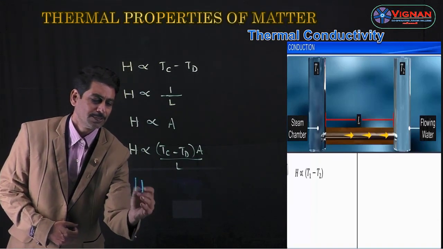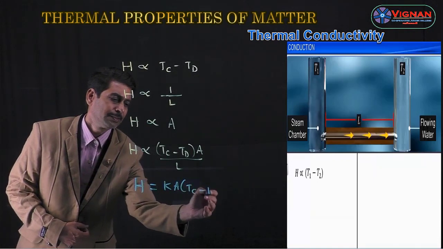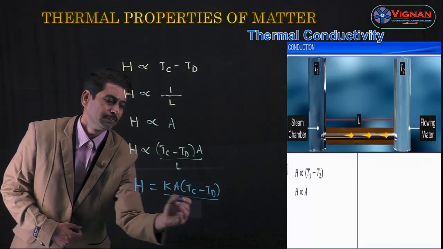So H is equal to K A (Tc minus Td) by L.